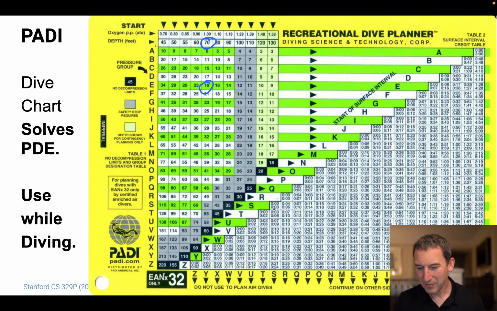I'm skipping the details, but essentially you can then work out from here how long you need to be on the surface, or decompress, and do various other things. So these are really useful numbers in order to keep you safe.